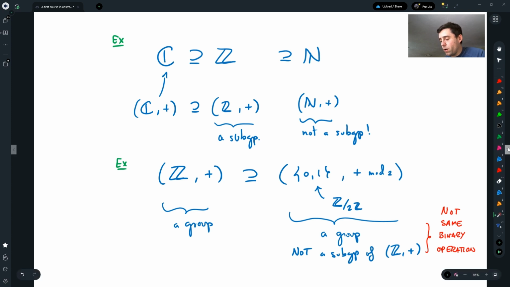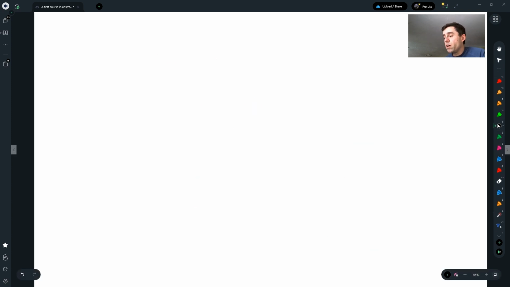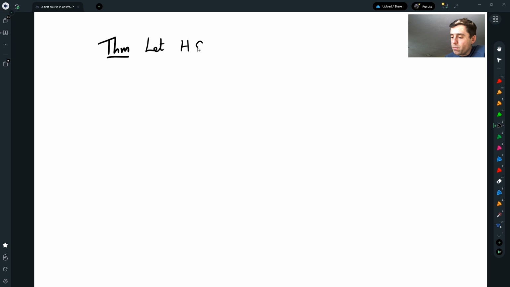Okay, before I go on and give more examples of subgroups, I also want to show a couple of results of how to identify subgroups. So let H be a subset of G, with G itself a group, and let (G, star) be a group.